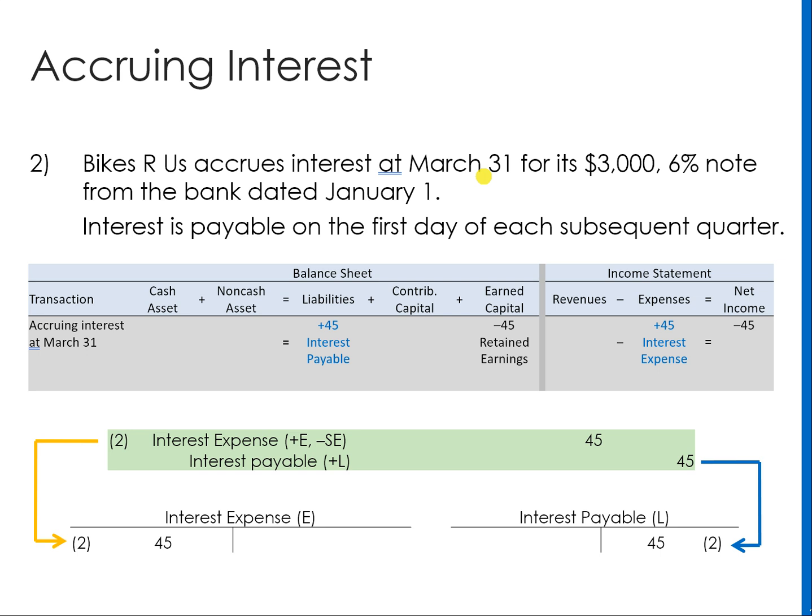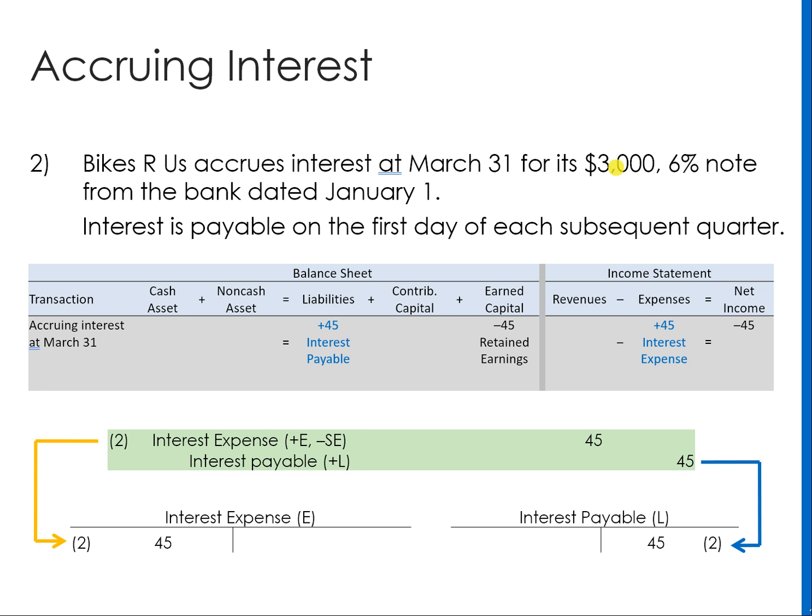Okay, therefore the calculation of the interest owed is 3,000 multiplied by 6%. Right, that's the annual rate. How much is that? 180.